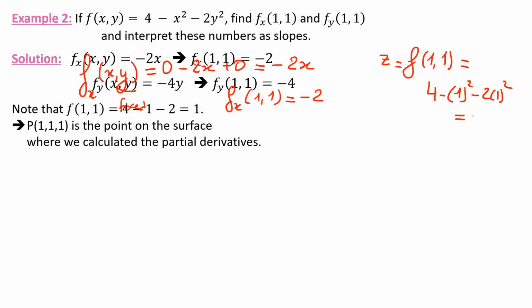So here the output is 1 also. So this means that the point P1, x is 1, y is 1, z is 1, is a point on the surface representing the function f, where we calculated the partial derivative.